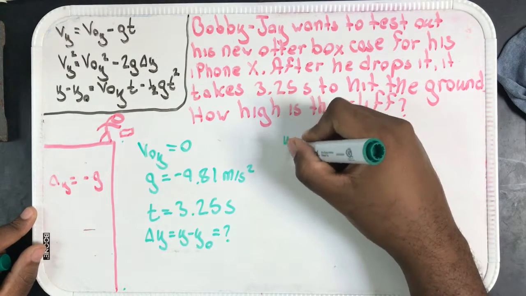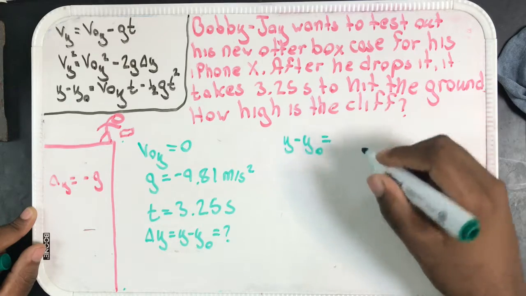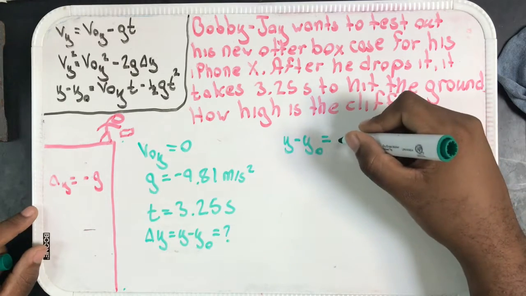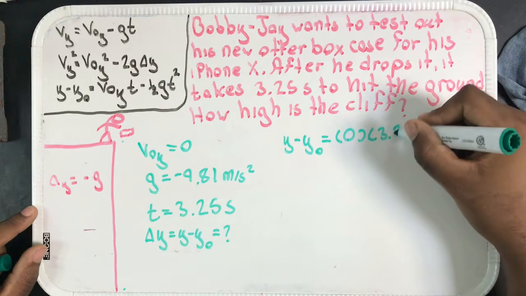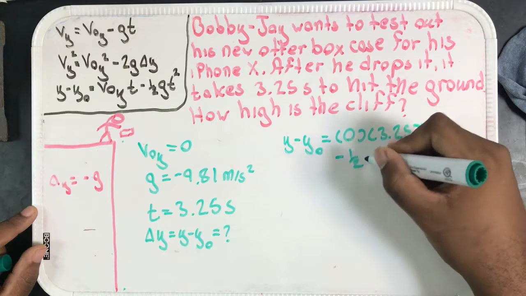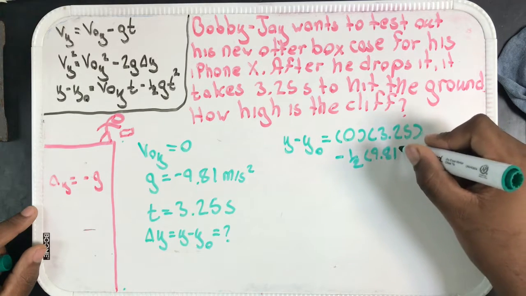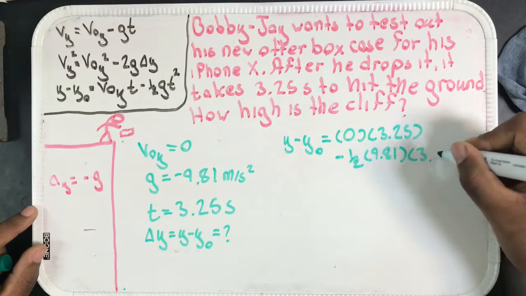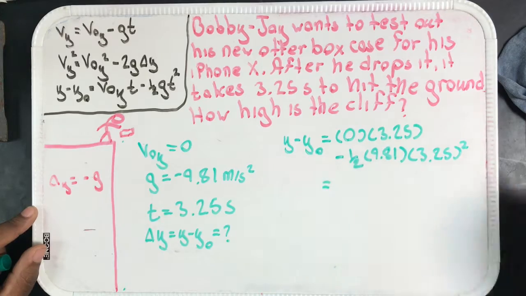So we have y minus y naught is equal to velocity in the y times time, which is just 0 times 3.25, minus 1/2 times 9.81 times 3.25, all squared, okay?